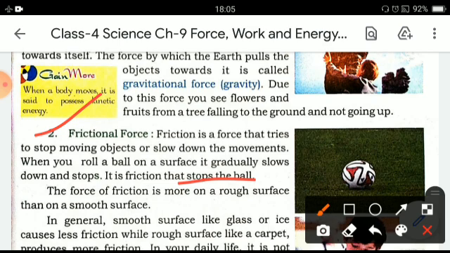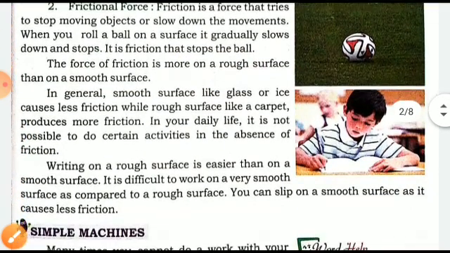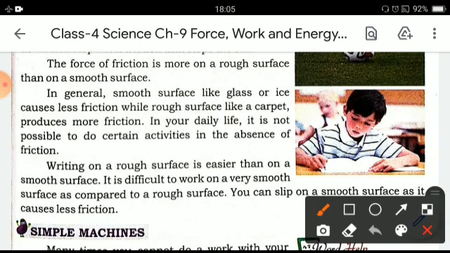The force of friction is more on a rough surface than on a smooth surface. In general, smooth surfaces like glass or ice cause less friction, while rough surfaces like carpet produce more friction.